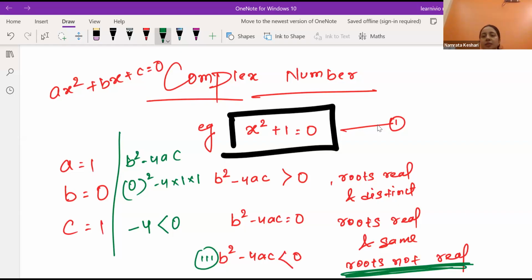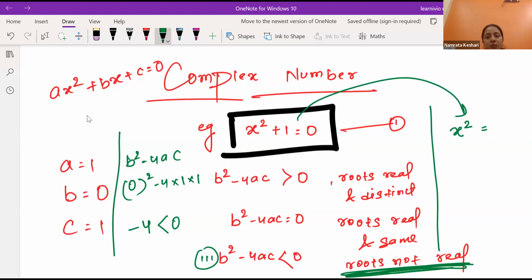Mathematicians said that, let's try solving this quadratic equation. So we'll be getting x square is equals to minus 1. That means x is equals to plus minus under root minus 1, right? Yes, miss. Okay, x value we have found, and it was not that difficult. It was really simple to find the x value from here.